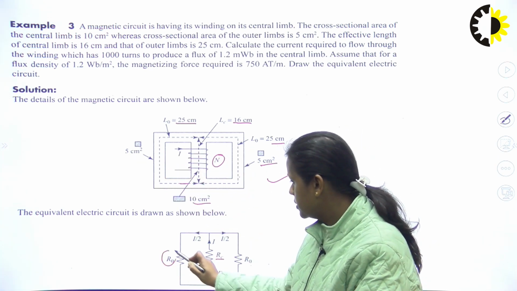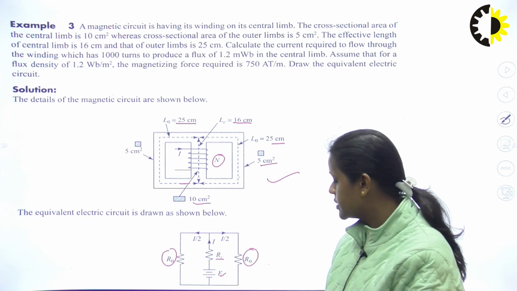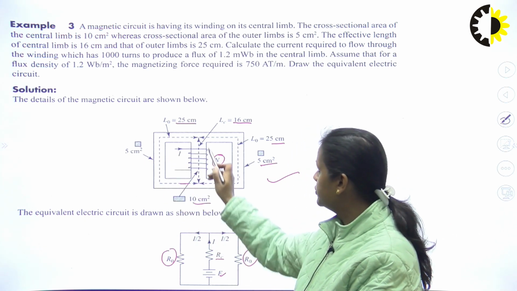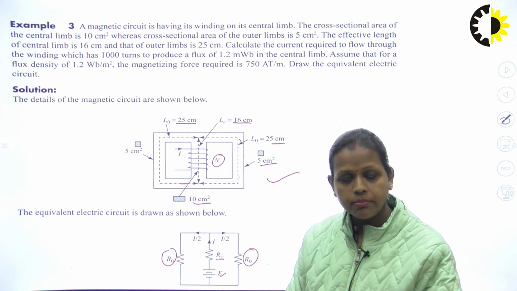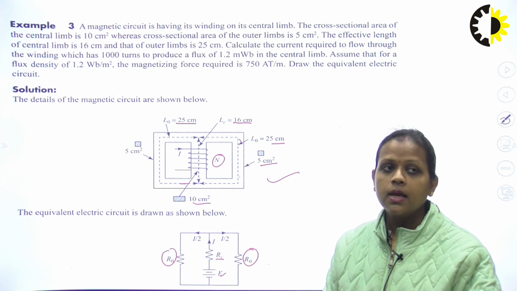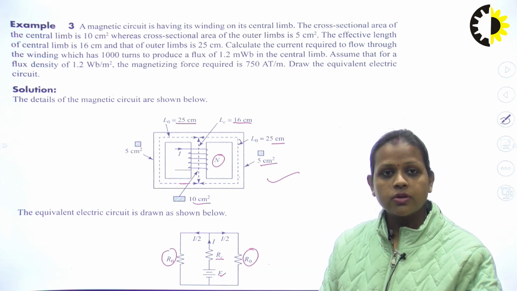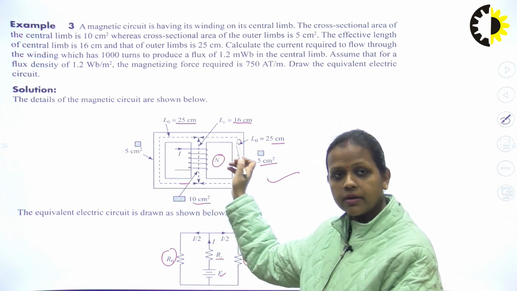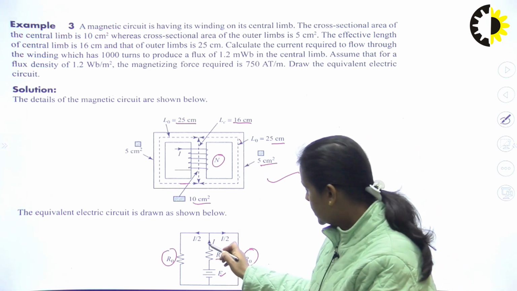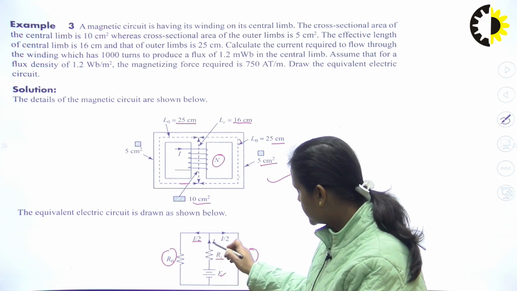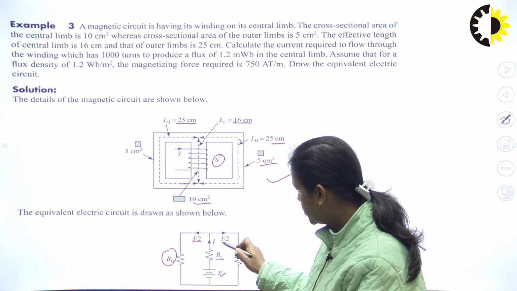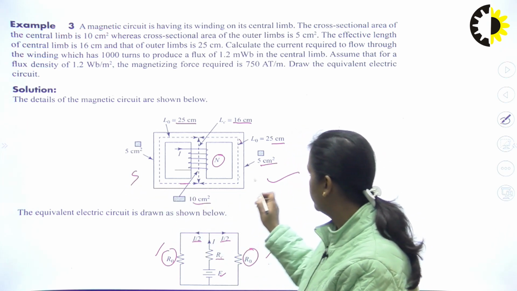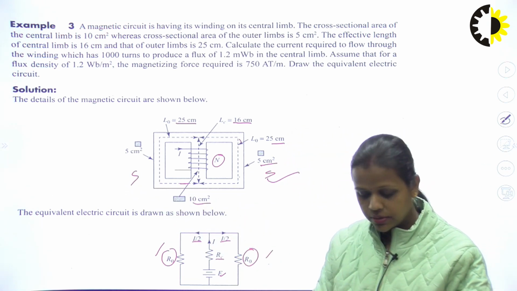Here it is represented with a resistance, and you can see that the reluctance of these side limbs will be the same because the nature of material is the same, the length is the same, and the area of cross section is the same. So the flux will be equally divided in both the limbs. Here this I is written as I by 2 in each branch, because these resistances are equal as the reluctances of both side limbs are equal, right?